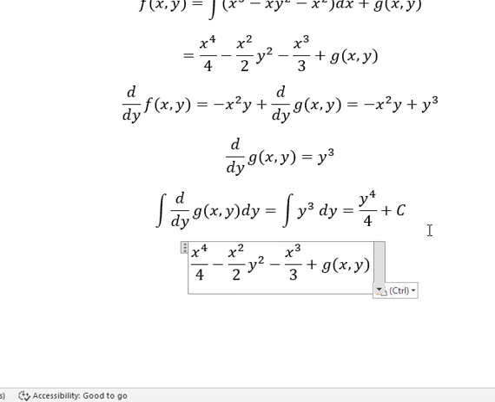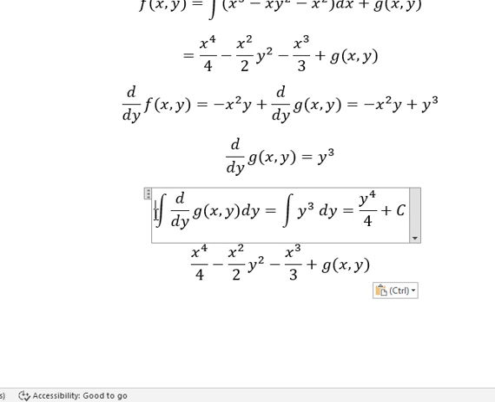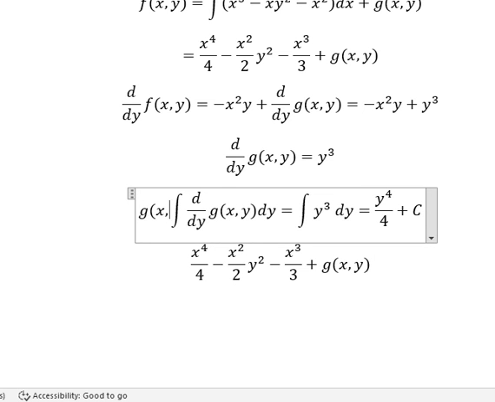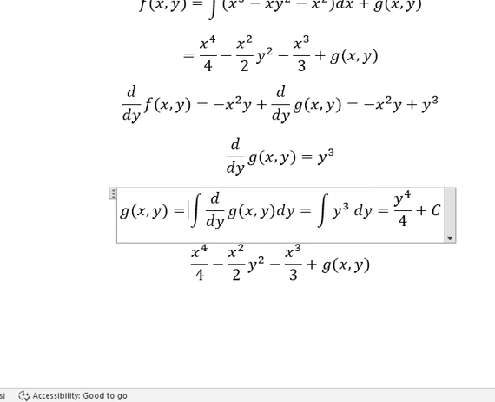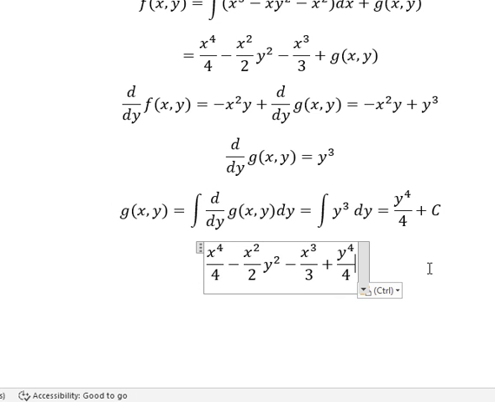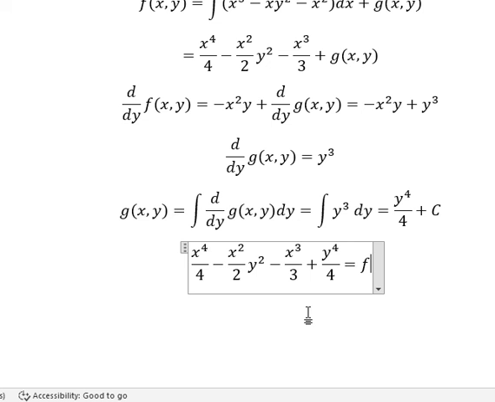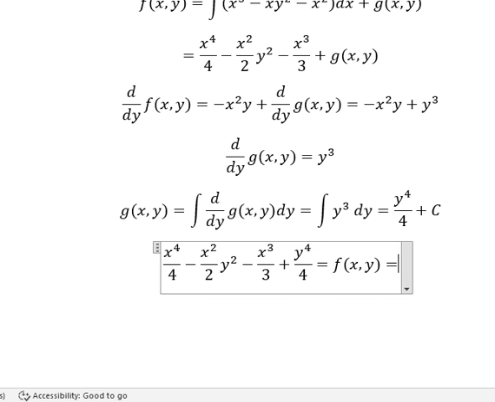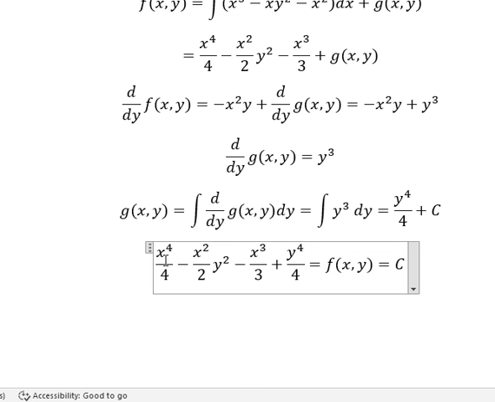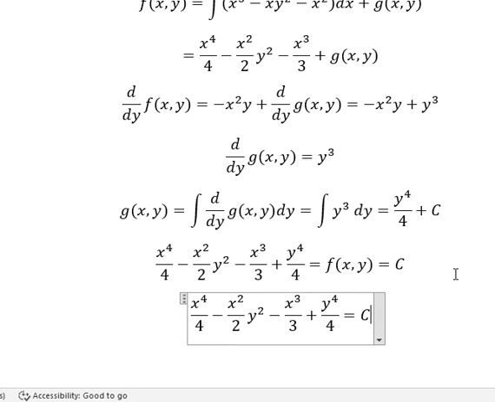So we see that the integration of this one, we have 3sy. 3sy equals to this one, and I will put this one gone here. And we know that this one equals to f(s,y). f(s,y) equals to c. And we can simplify like this.